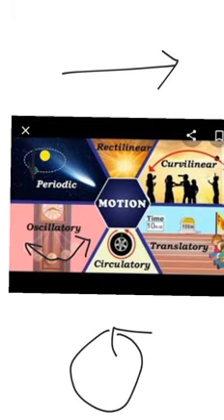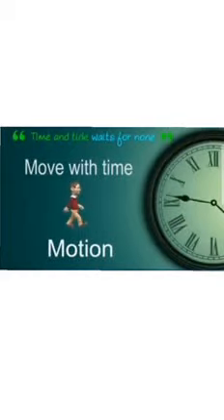Oscillation means going to an extreme position and coming back. Circulation means rotating roundwise. Translatory means moving the same distance. And curvilinear means, here we can see, a parabolic path.